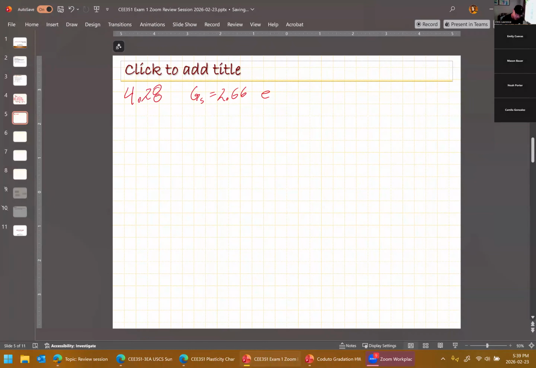E equals 0.6. Completely dry, w equals 0. It then becomes wetted by a rising groundwater table. So here's the soil, think about it out in the field. It was completely dry. Gs is 2.66, e equals 0.60.